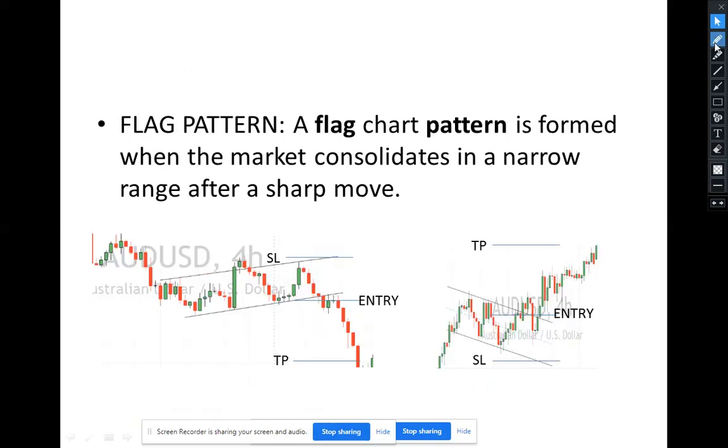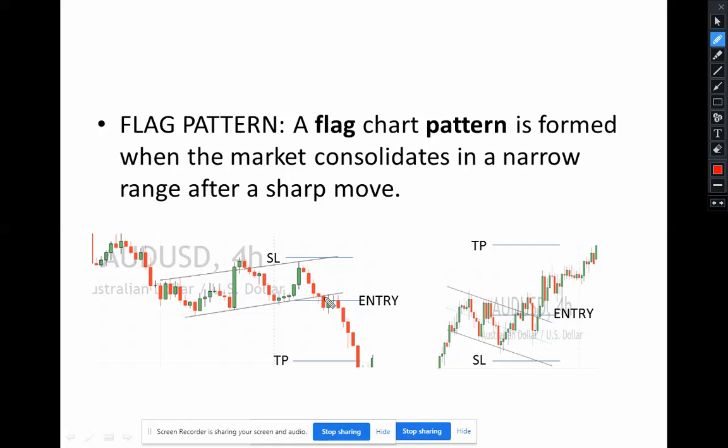Now the flag pattern. What do we mean by a flag pattern? A flag chart pattern is formed when the market consolidates in a narrow range after a sharp move. When you want to trade this type of pattern, you also wait for the breakout.